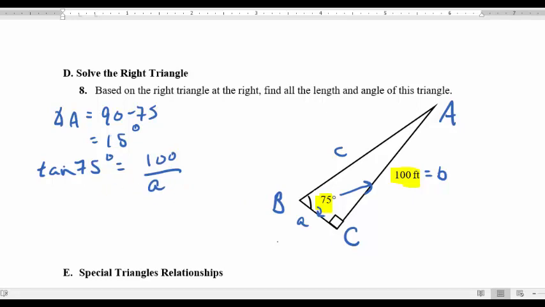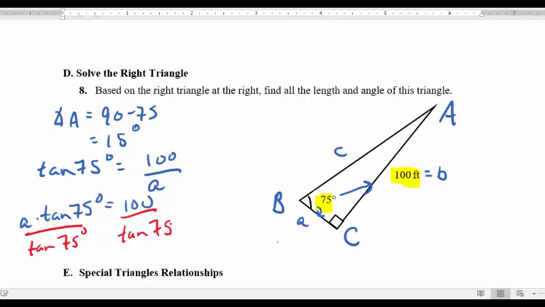So we have A times the tangent of 75 degrees equals 100. And then we isolate the A just by dividing by the tangent of 75 degrees. So there's our exact solution: A is 100 divided by the tangent of 75.